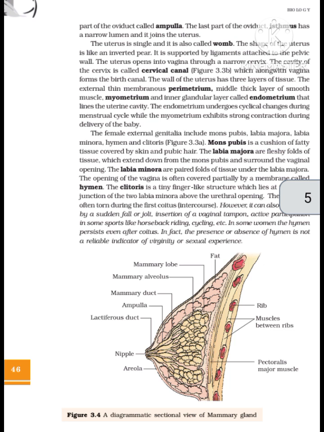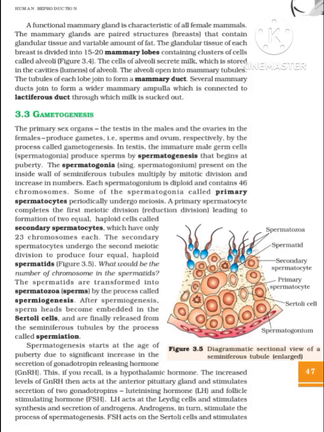Figure 3.4a. Diagrammatic sectional view of mammary gland. A functional mammary gland is characteristic of all female mammals. The mammary glands are paired structures, breasts, that contain glandular tissue and variable amount of fat. The glandular tissue of each breast is divided into 15 to 20 mammary lobes containing clusters of cells called alveoli, figure 3.4.